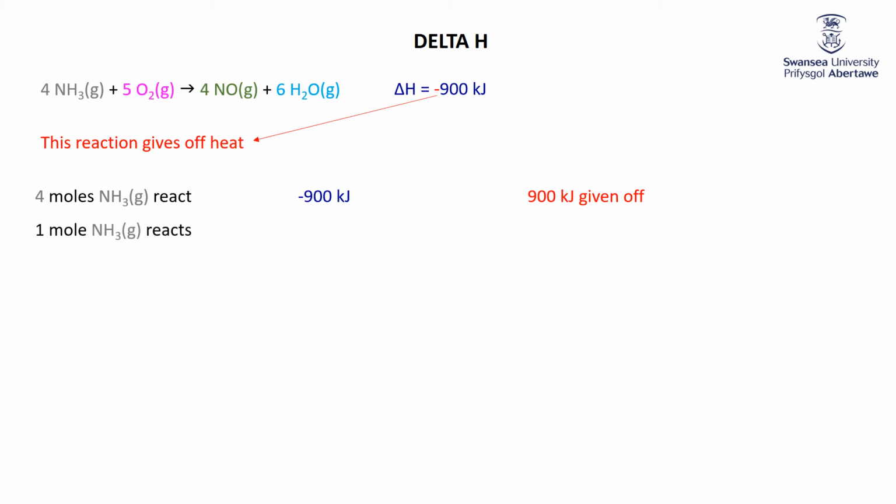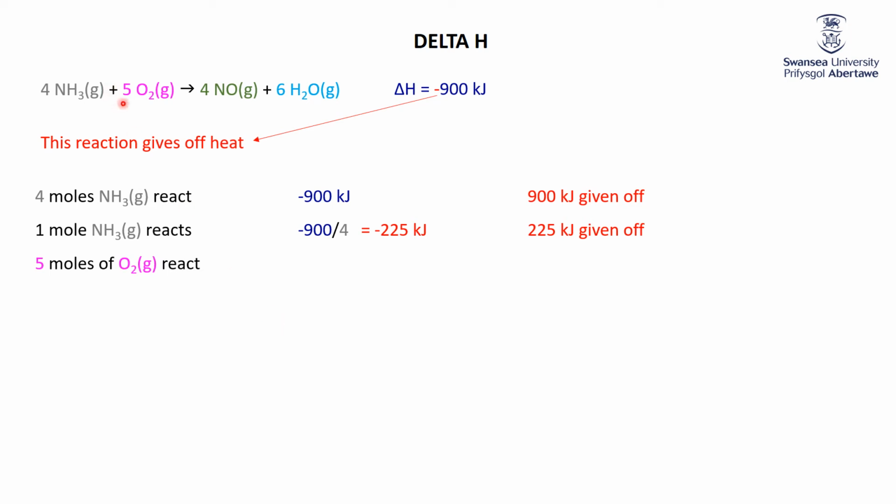On the other hand, if only 1 mole of NH3 reacted, then the heat change would be minus 900 over 4, or minus 225, which means only 225 kilojoules would be given off. I've got a quarter as much NH3 as the equation is telling me, so the heat change will be a quarter as much. 5 moles of O2 react.